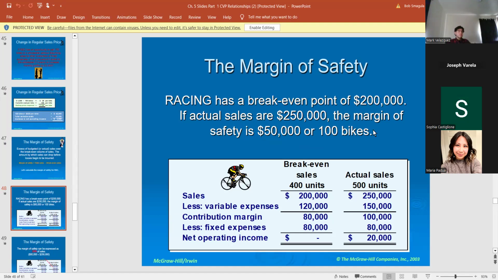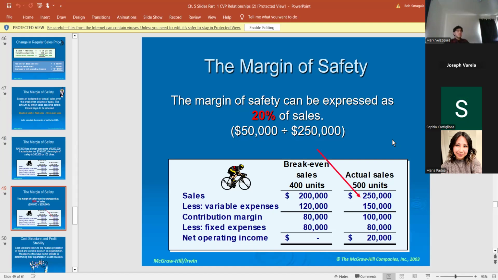Here we have 20,000. The margin, I'm sorry, we're looking at the sales. My bad. If the actual sales are 250, the margin of safety is 50,000 or 100 bikes.